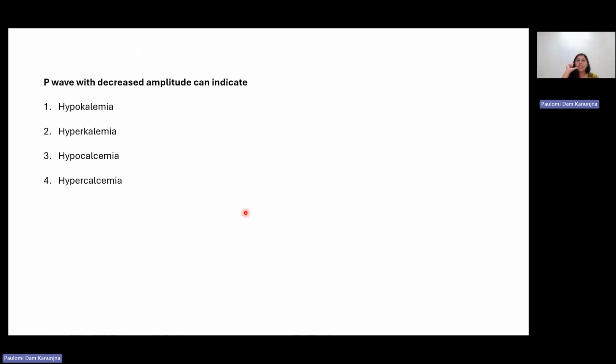The other problem is about the amplitude. Amplitude is basically the length from the tip to the base of any wave. So if your P wave has decreased amplitude, so let's say it's supposed to be like this, but let's say you see something like this, or a flattened line.